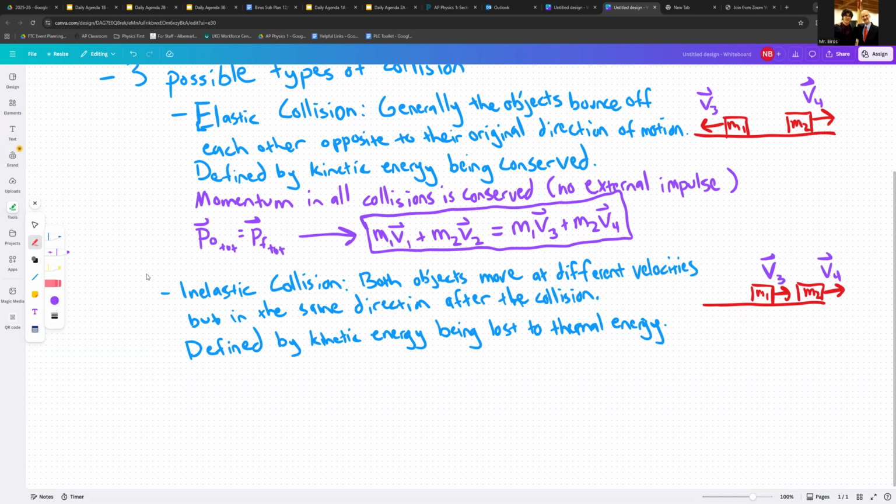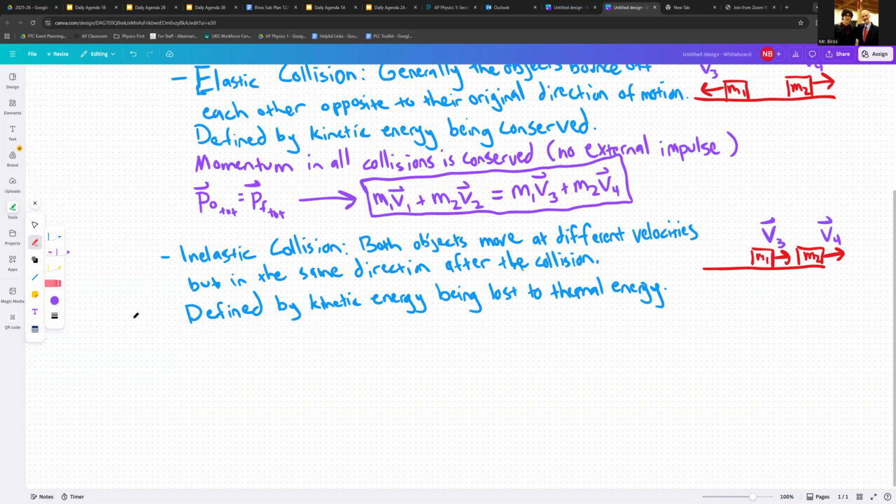All right, so the conservation of momentum equation looks like this. In fact, the conservation of momentum equation is exactly the same as it was before. So it's m1 v1 plus m2 v2 equals m1 v3 plus m2 v4.